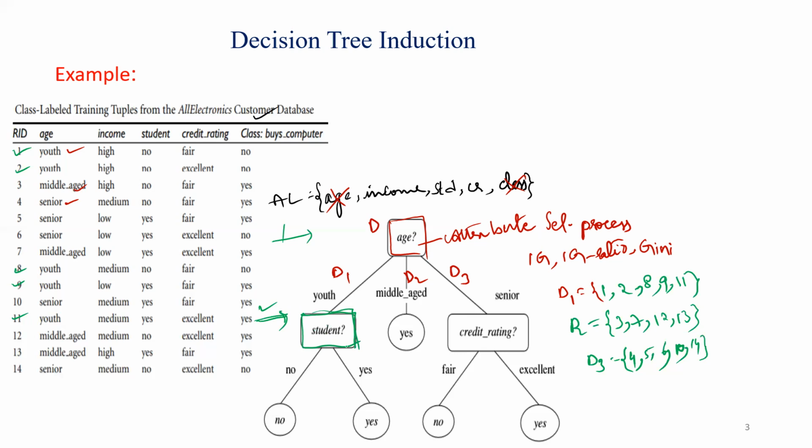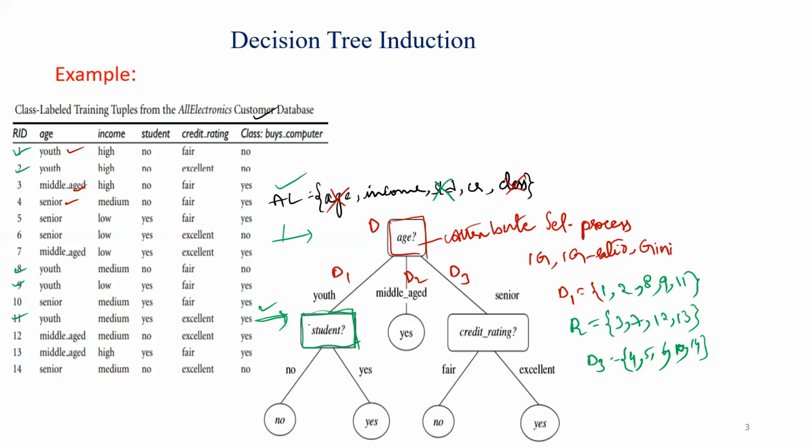We select one of the best attributes as the root. In this example, student is selected as the root attribute based on the attribute selection methodology, right? Since student is selected, we can remove it from the list of attributes.